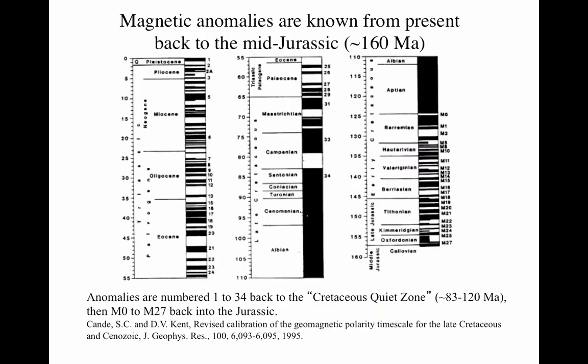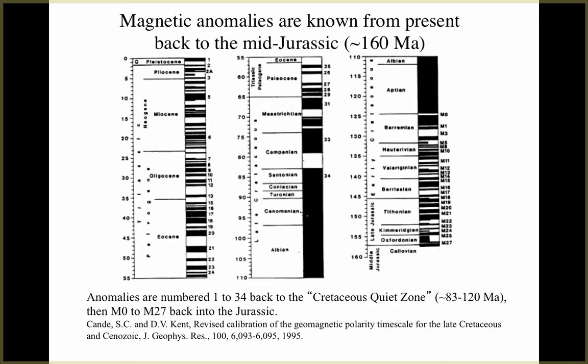The oldest ocean crust on Earth is 160 million years old, and so for the last 160 million years we have a very detailed record of magnetic anomalies, and during this period of Earth's history we're able to assess plate motions very precisely. We can figure out the paths of each individual tectonic plate relative to each other and the location of those plates on the globe for the last 160 million years.